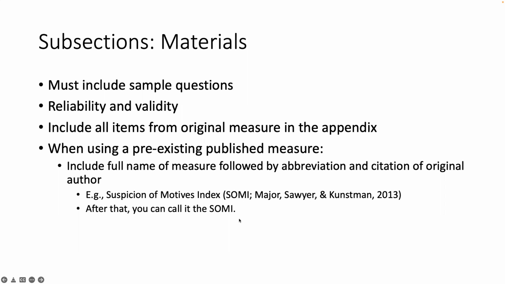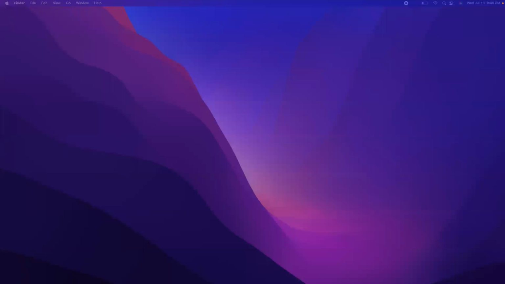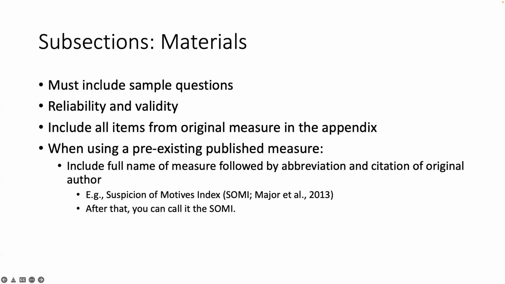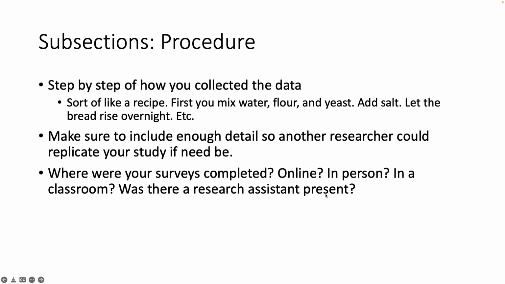And after that, you can call it the SOMI. So again, this has changed, so I will change this PowerPoint to reflect the changes in our APA formatting. With more than 2 authors, use et al. So Major et al. 2013, then call it the SOMI.